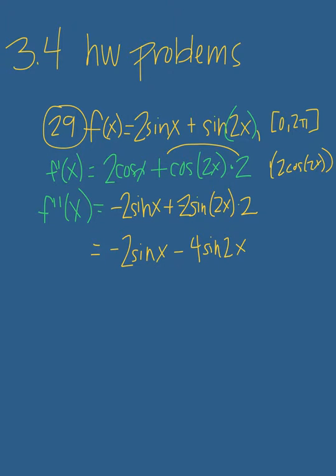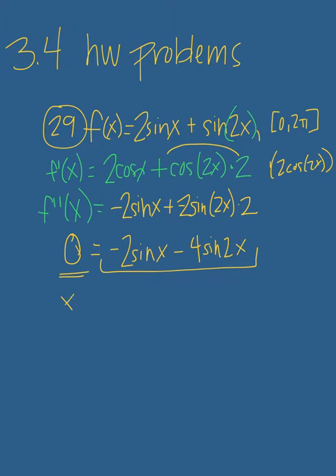If I set this equal to 0, it's looking like this is going to be a calculator question anyway. You're going to need to graph this in your graphing calculator and see where it hits 0.